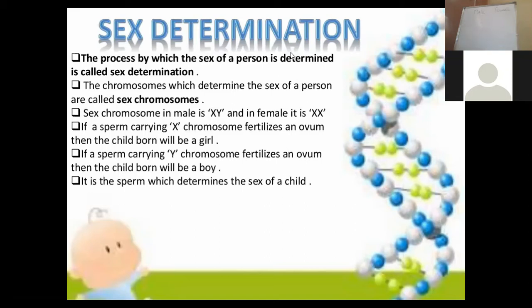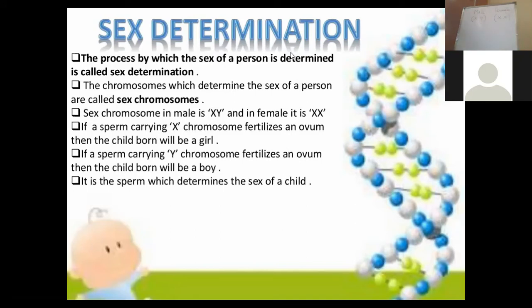In the male, the genetic description of the sex chromosomes is X and Y, and in the female it is X and X.